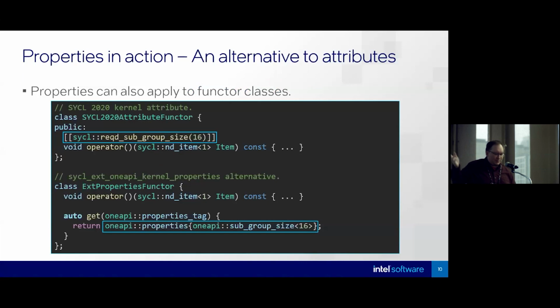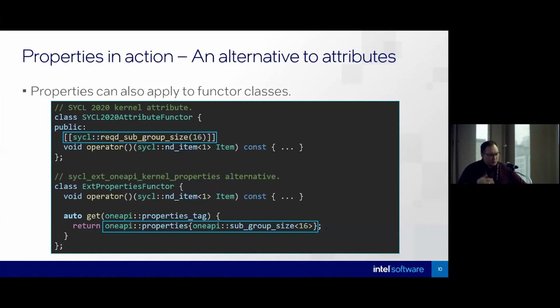In the previous example, I showed how you can use these things with lambda functions, but of course, they can be useful also with functors, because one of our talks yesterday described how all SYCL kernels get rewritten as functor types. In the previous example, the property was associated with a specific kernel launch. If you wanted to do that for all your kernel launches, you potentially needed to pass the property to every call to parallel_for, which sometimes you may want to do, sometimes you may not.